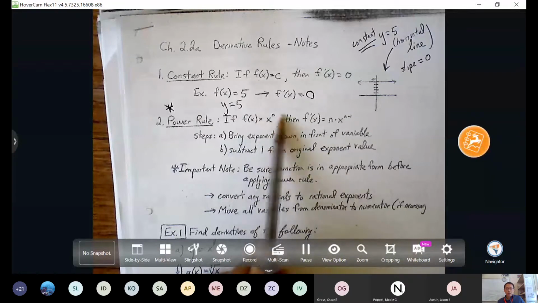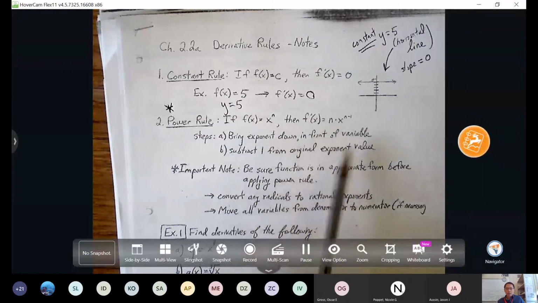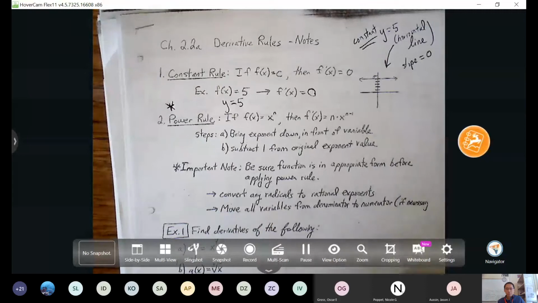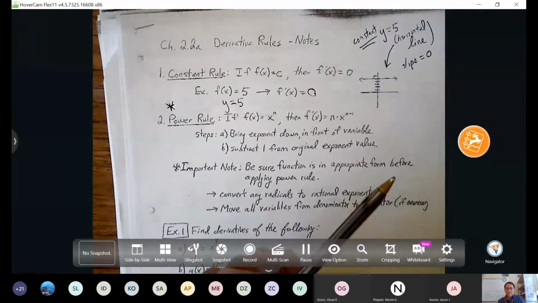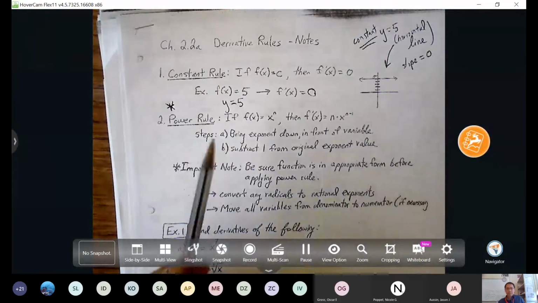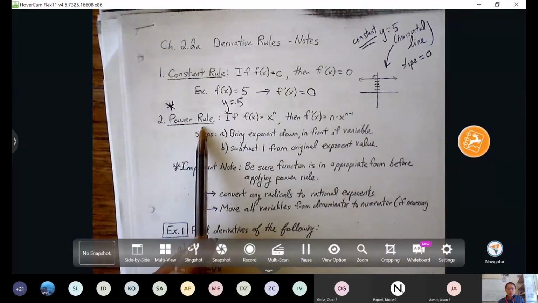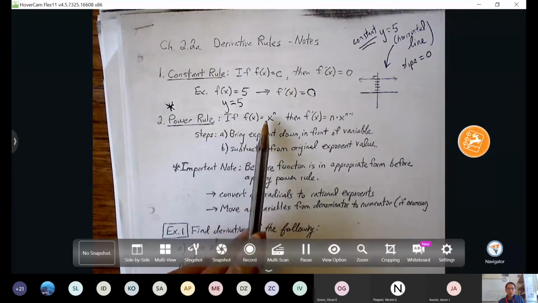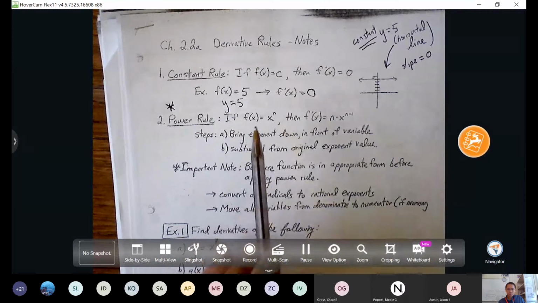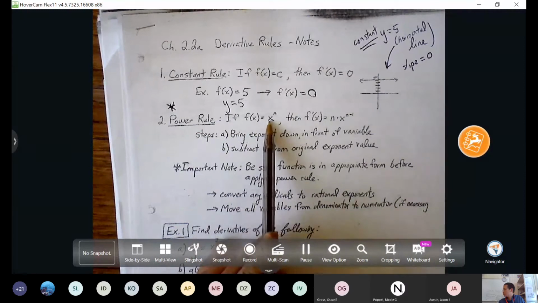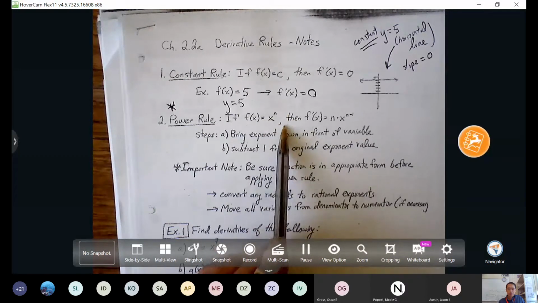The more comfortable we get with power rule, the better things will be as we put things on top of it. So power rule, these are powers of a variable. If I have a function in the form of x to the nth power, we can quickly find the derivative by doing this.